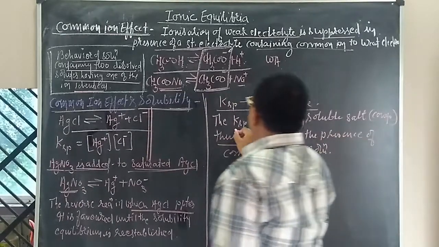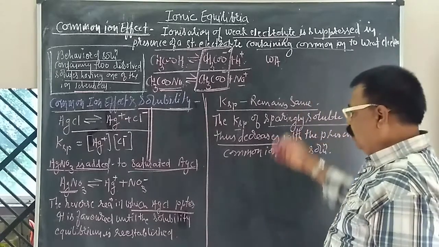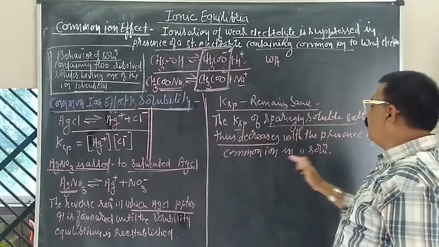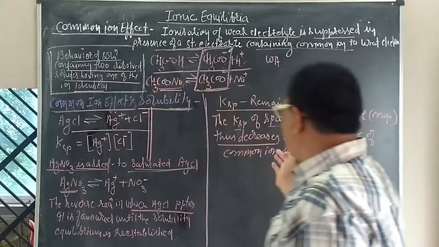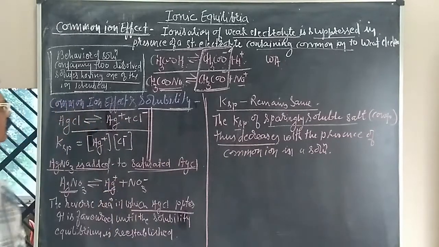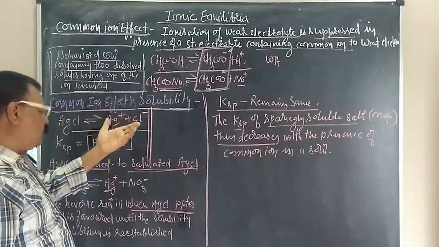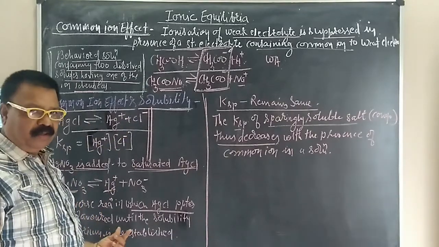So the solubility of the sparingly soluble salt decreases with the presence of the common ion in a solution. So see, common ion कौन सा होता है यहाँ पे, silver ion will be the common ion. And that's why see, the precipitation of silver chloride increases, कब तक, जब तक कि वो solubility equilibrium में पहुंचता नहीं तब तक.